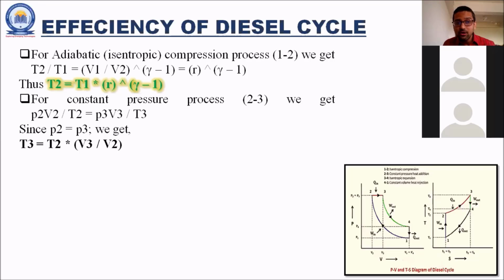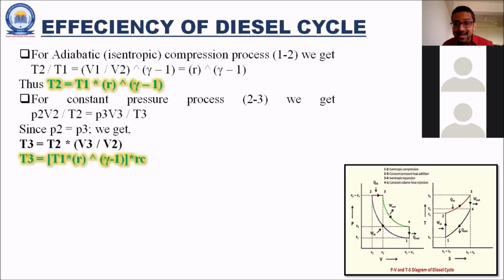We have already got the answer of T2. Substituting this value of T2 in the equation for T3 and substituting the value of V3 by V2, that is rc. Doing the calculations, now I am getting the answer, that is T3 is equal to T1 r raised to gamma minus 1 into rc.